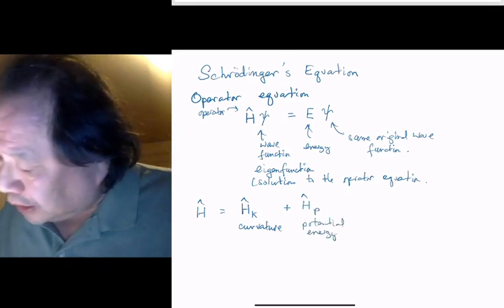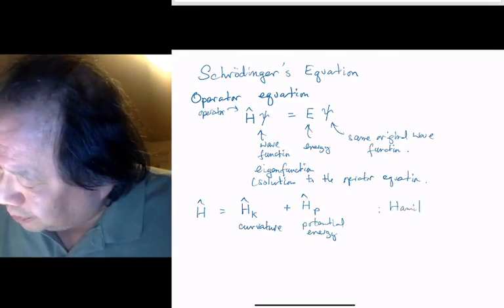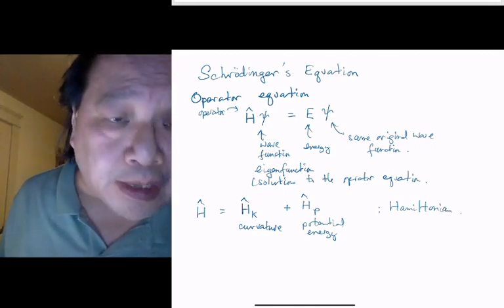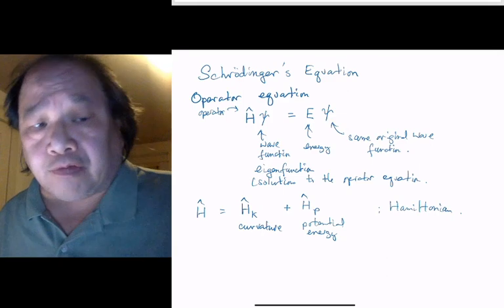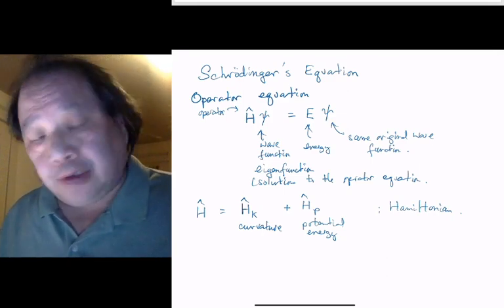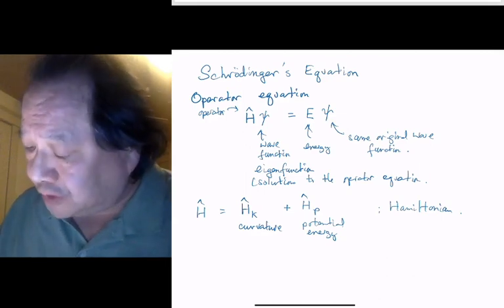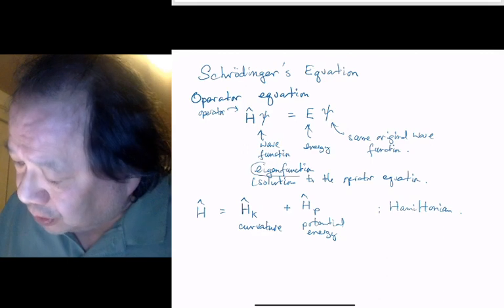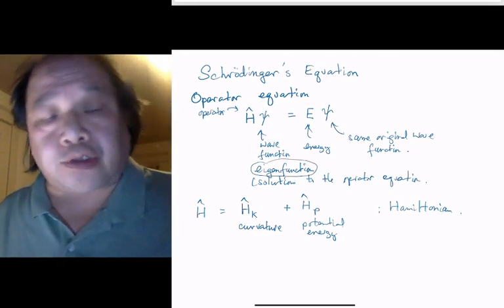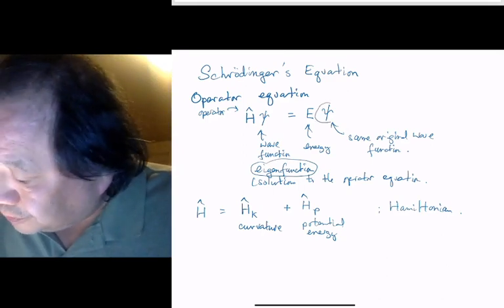These two operators together are called the Hamiltonian. He knew exactly what the mathematical form of H_K and H_P are. I give them in the lecture notes, but it doesn't matter. He realized that the important thing was to find the waves, the eigenfunctions, which when operated on by his curvature and potential energy operators came back as themselves.